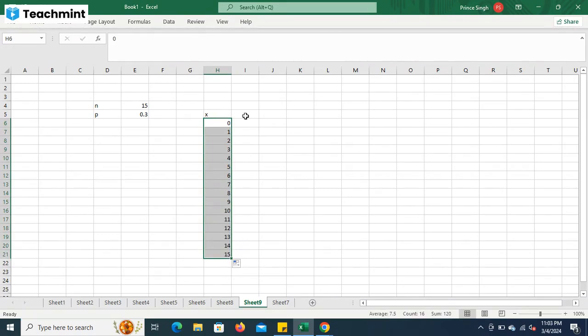Okay, so this is the value of x, and in the next column we are considering the probability distribution f of x, and in the next column the cumulative probability distribution function, the capital F of x.